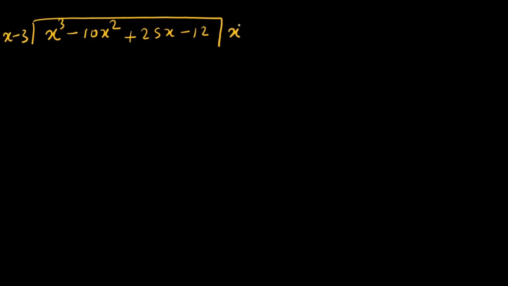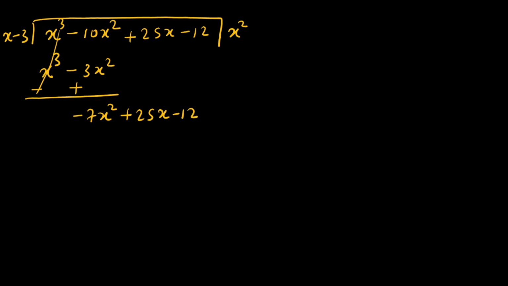Then here x squared is multiplied by x, and we get x power 3. x squared is multiplied by minus 3, and we get minus 3x squared. Then here negative sign and here positive sign, so this cancels out. Minus 10x squared plus 3x squared is minus 7x squared plus 25x minus 12. Here if we take minus 7x, multiplied by x, we get minus 7x squared.